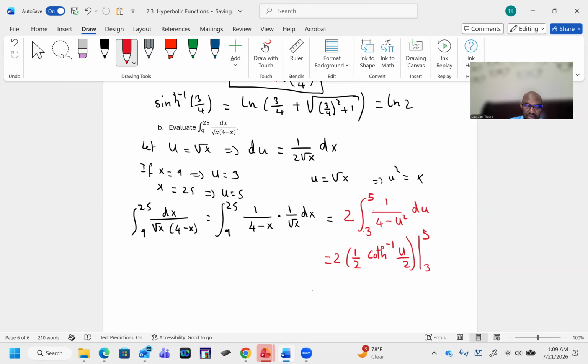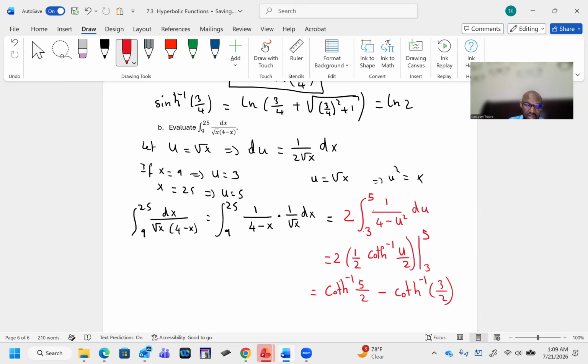So my answer would be, we substitute, we will have the inverse hyperbolic cotangent of 5 divided by 2 minus the inverse hyperbolic cotangent of 3 divided by 2. And that is my final answer.